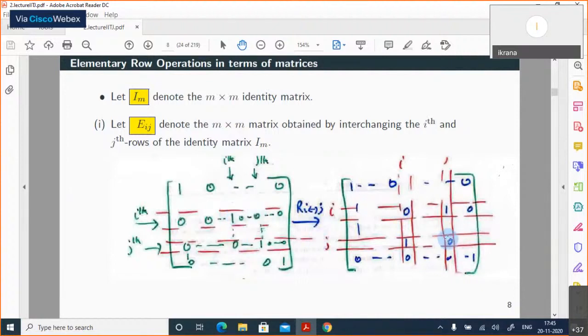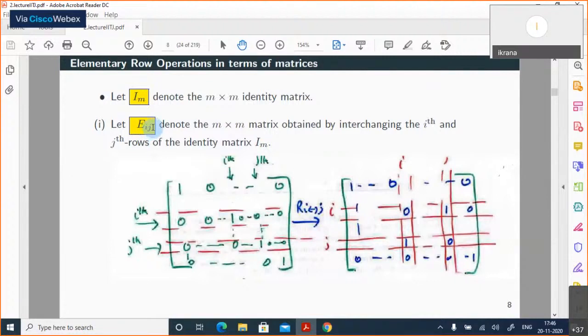Basically we are doing that row operation on the identity matrix, and we get a new matrix, which we denote by Eij. We call this matrix an elementary matrix, and the subscripts i and j indicate that it is obtained from the identity matrix by interchange of the ith row with the jth row.